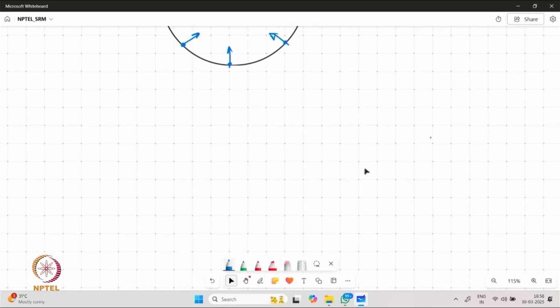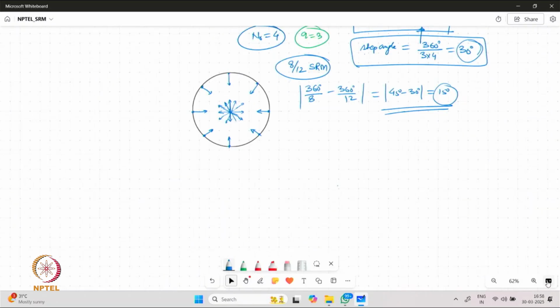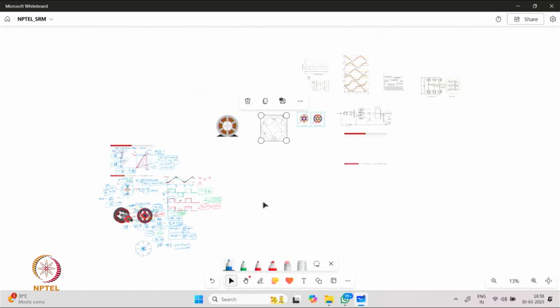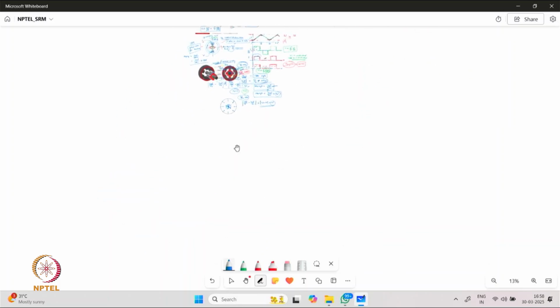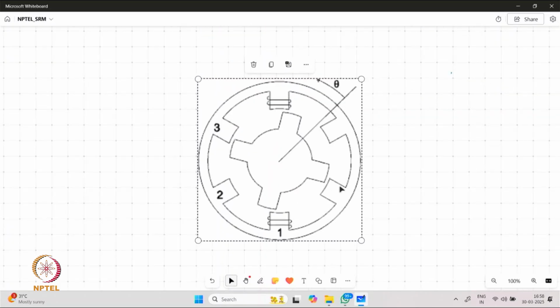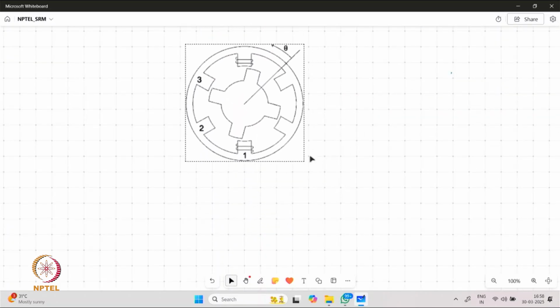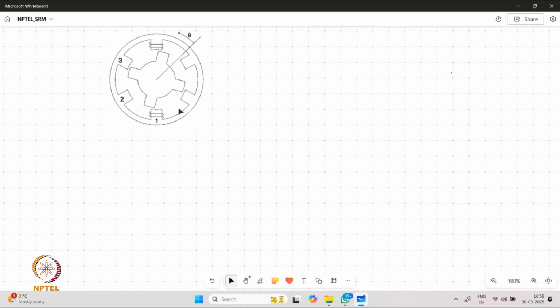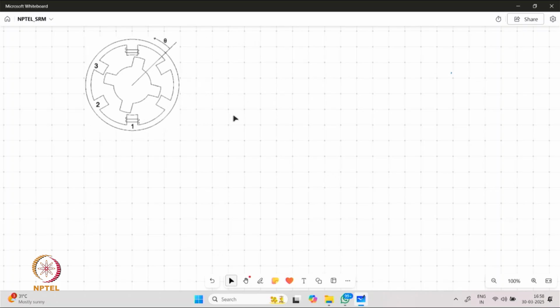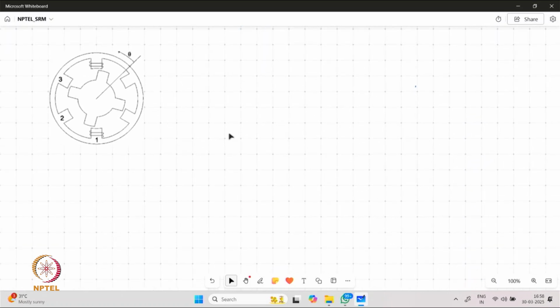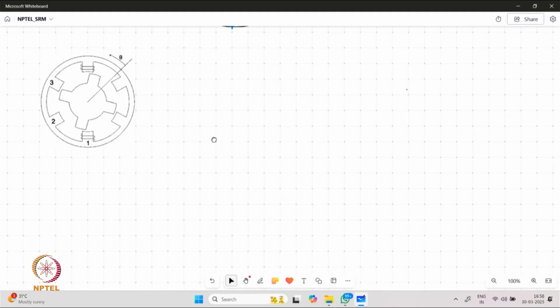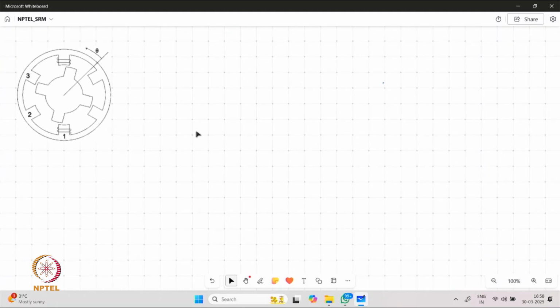As stated, for the six by four machine, let us first understand how the inductances and other properties are going to change as the rotor is moving, and then let us go on to understand the development of torque.